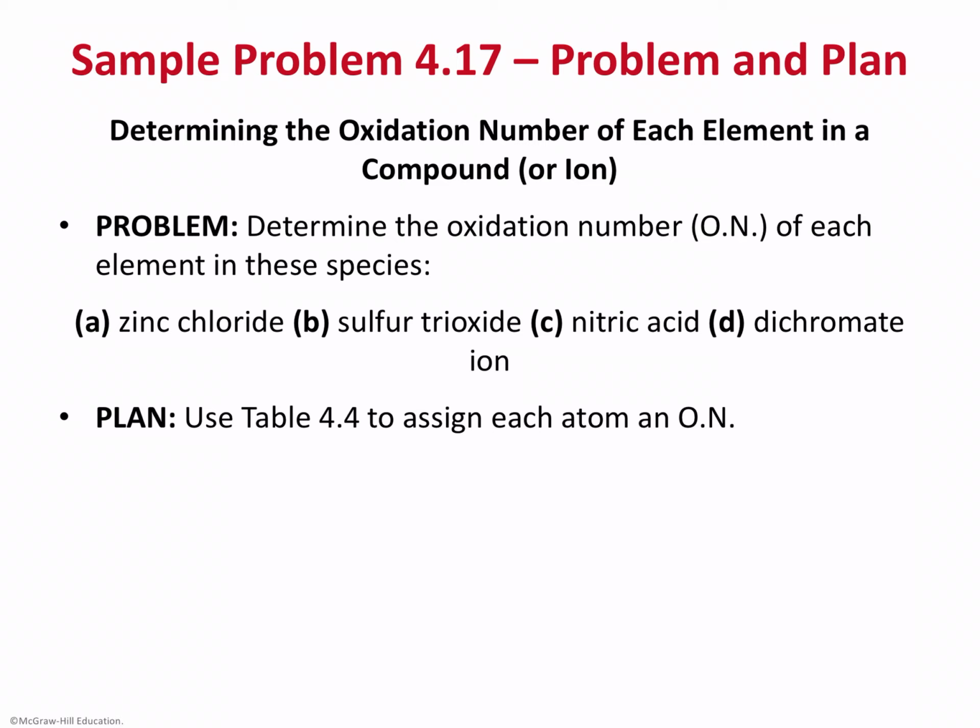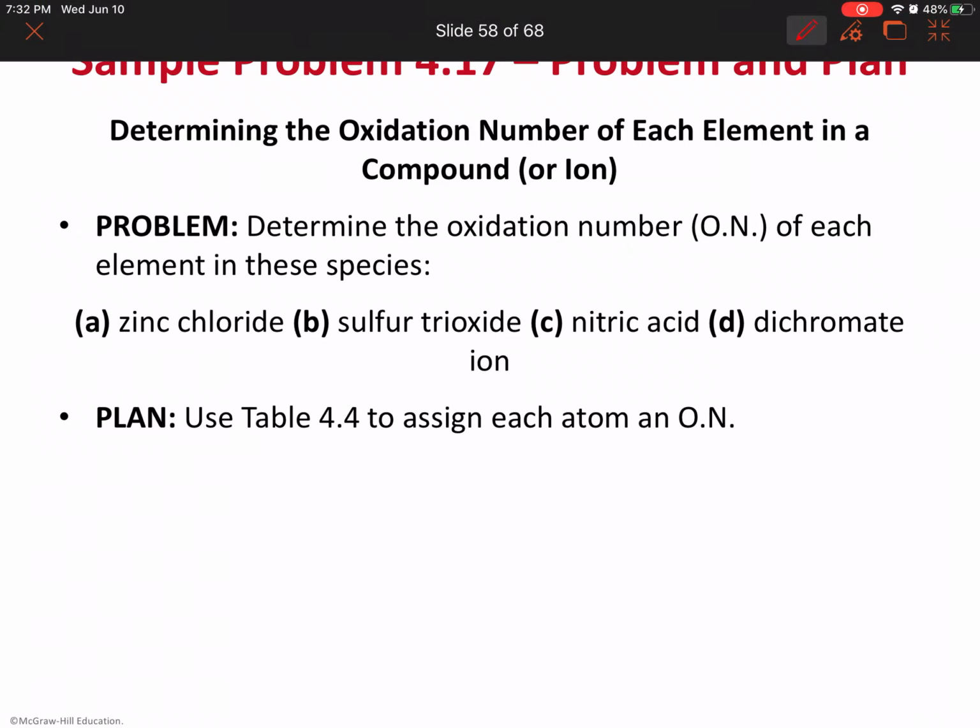Determine the oxidation number of each element in this species. Zinc chloride. First we need to write the formula: ZnCl2. Zinc's oxidation number is going to be +2.